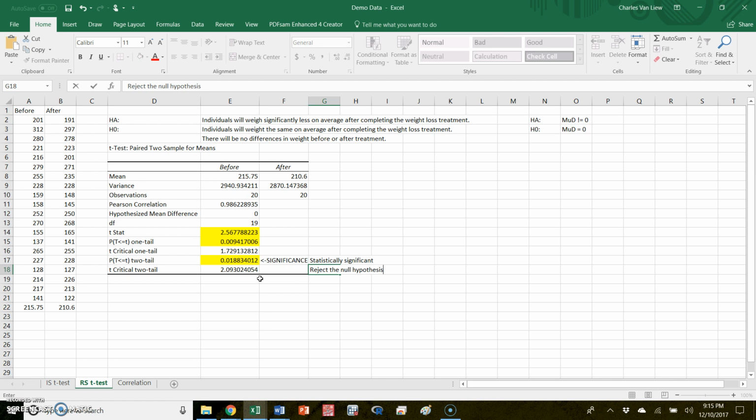So we then need to interpret this. What is the nature of the difference? And we see that people weighed significantly less after treatment because the test is significant and the weight was lower after than it was before.